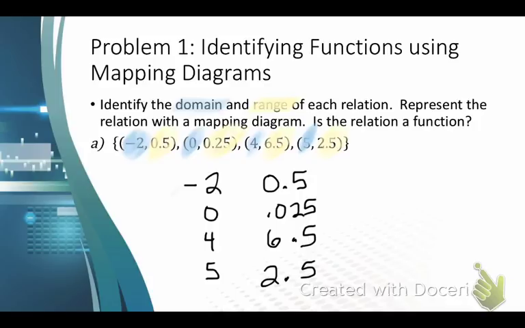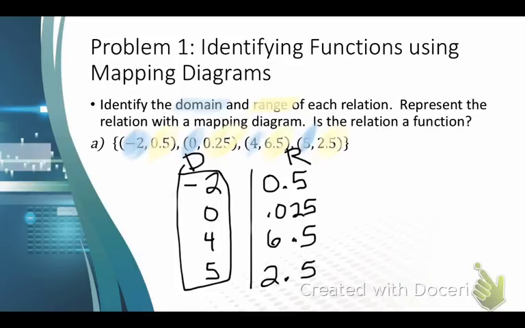Now, as we continue, we can go ahead and piece this all together. I have my domains listed on the left. I'm going to label them with a D above. And then I have my range listed over here. So I have identified the domain and the range of each relation.